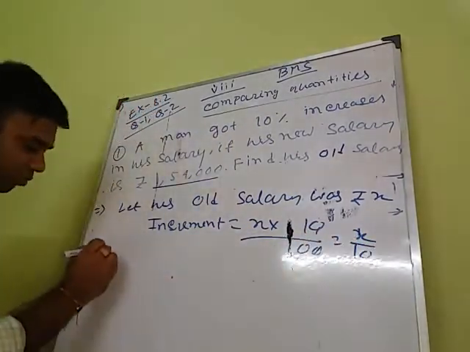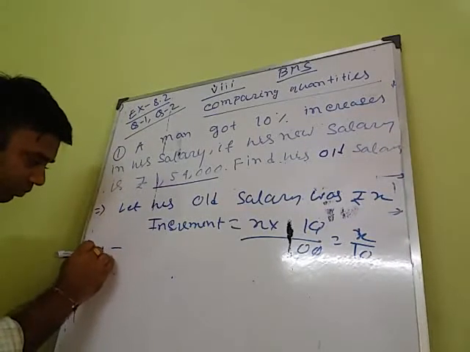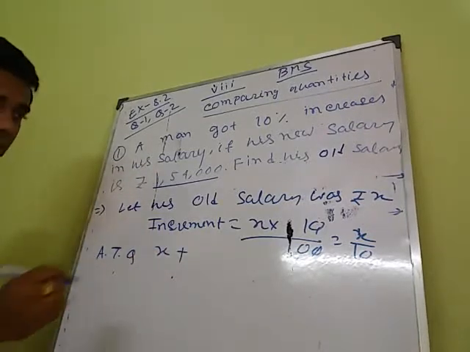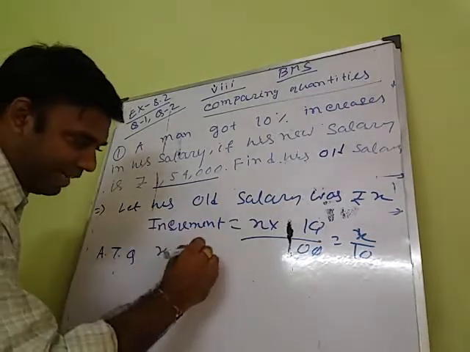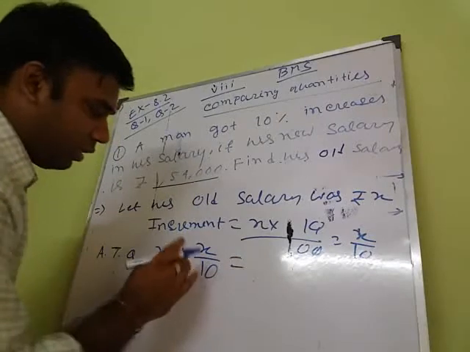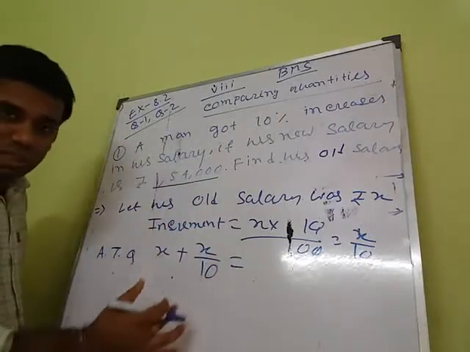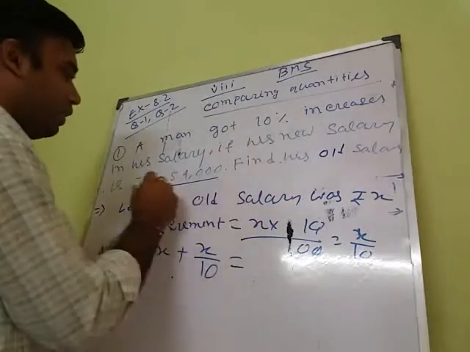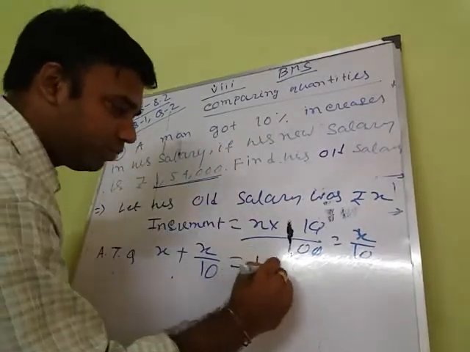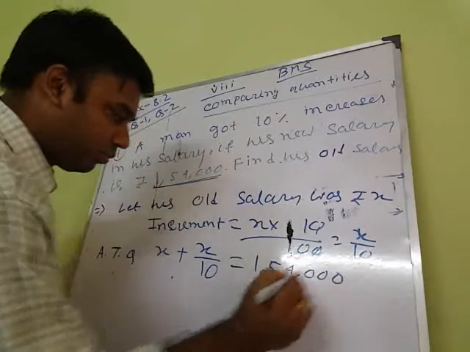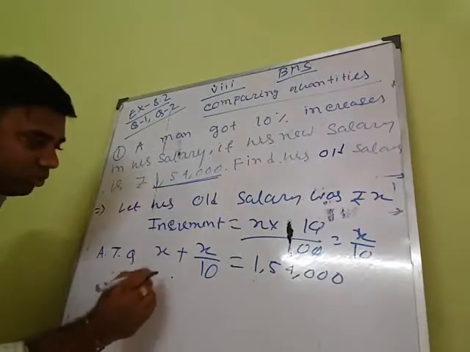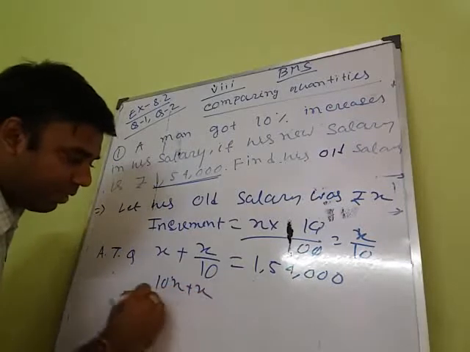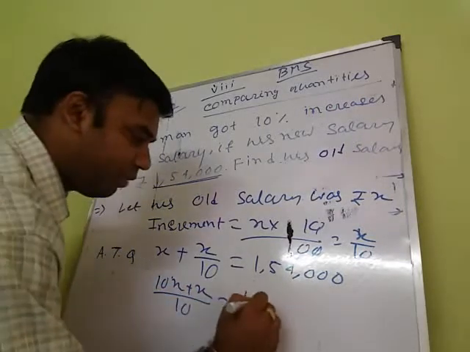Now the total new salary, according to the question, is the old salary x plus the increment x by 10, that is x plus x by 10 equal to 1,54,000.